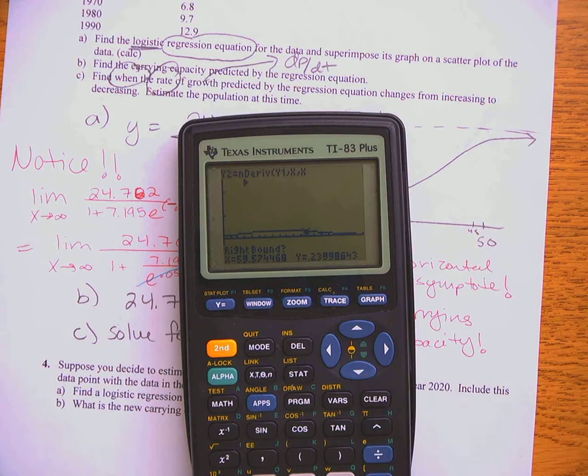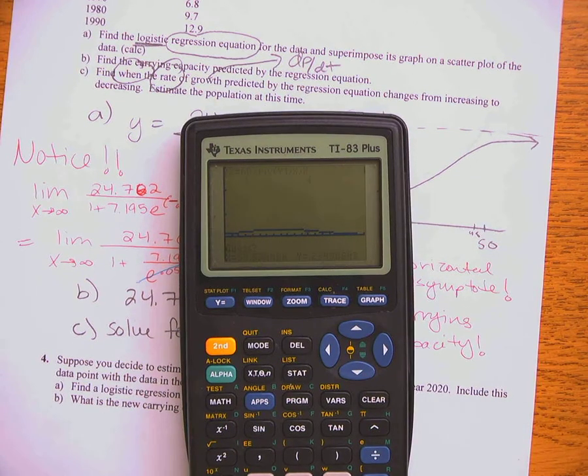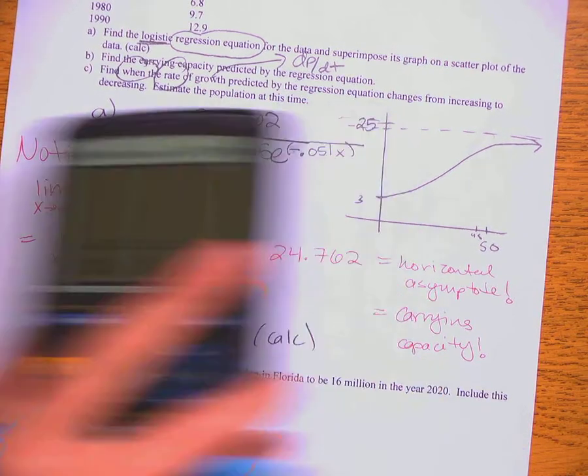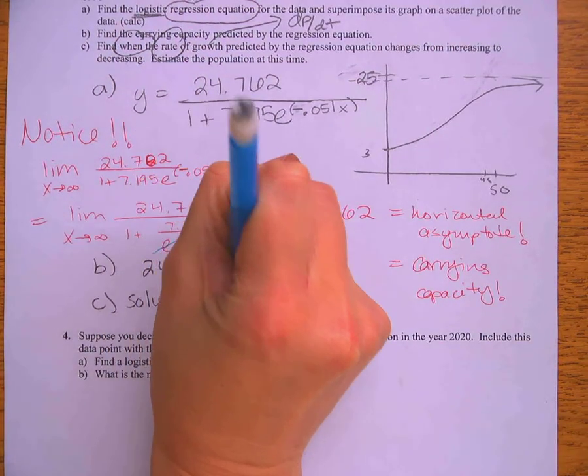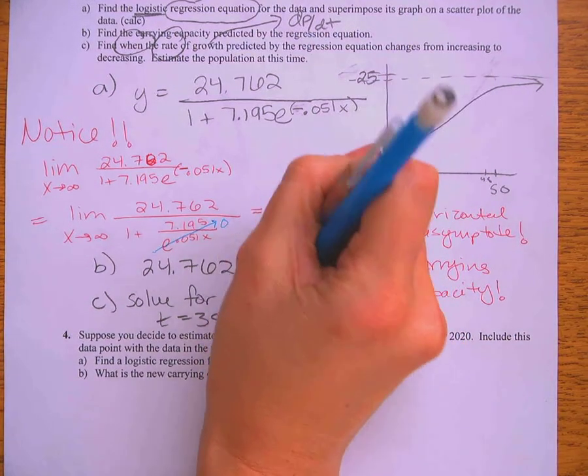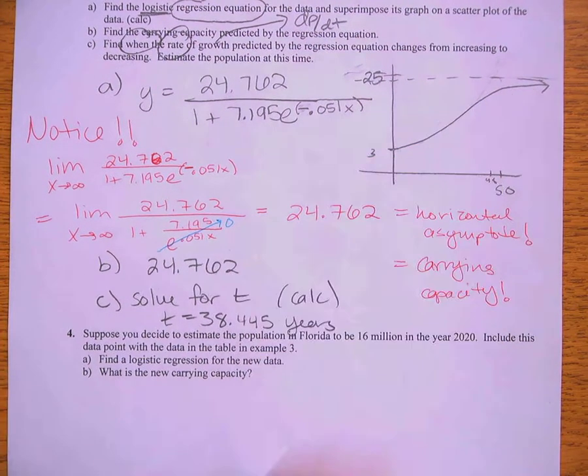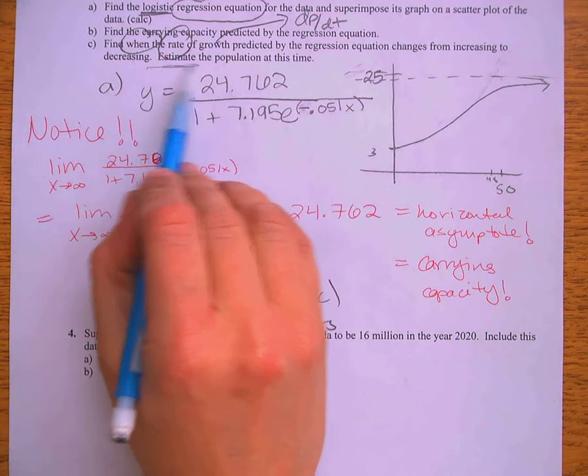And down, hit enter, and then somewhere in there is where it hits the max, which is where it changes from increasing to decreasing, and that is when x is 38.445, and that's in years. So t is 38.445 years.